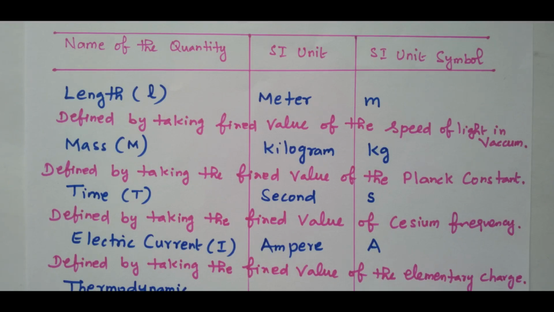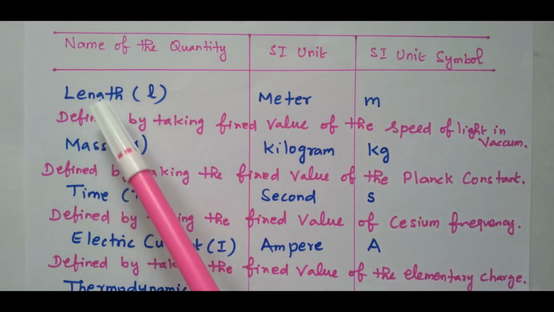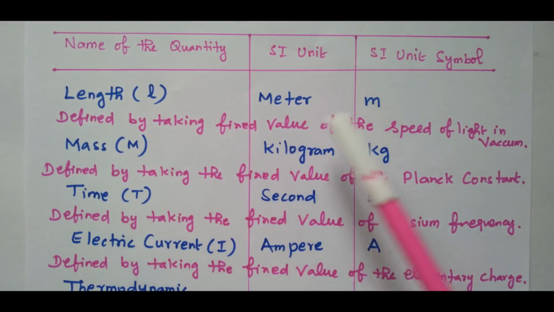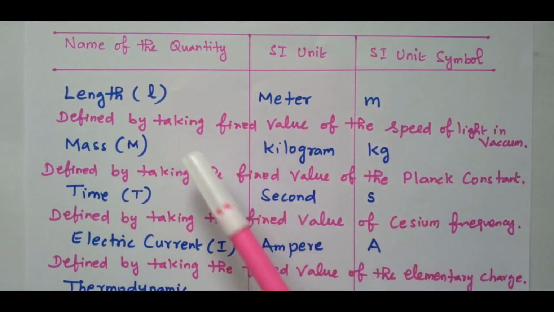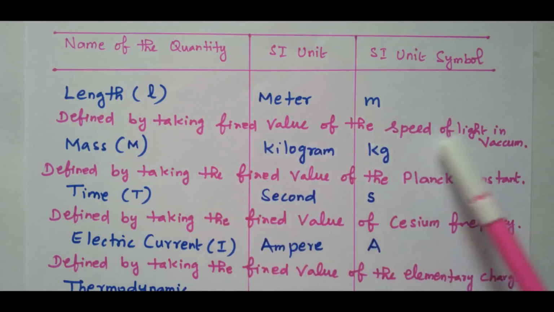We know what 1 meter is by seeing the scale or tape, but how it is defined internationally is by taking the fixed value of the speed of light in vacuum. That is the reference. So the first one is length, the unit is meter and the symbol is m, defined by the fixed value of the speed of light in vacuum.